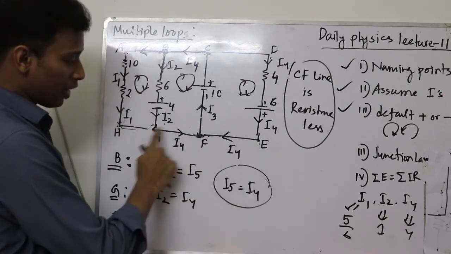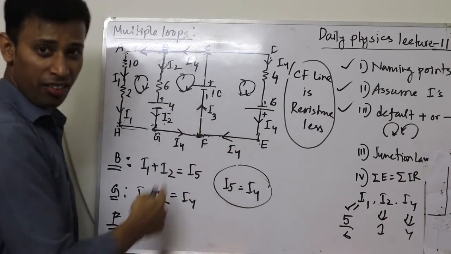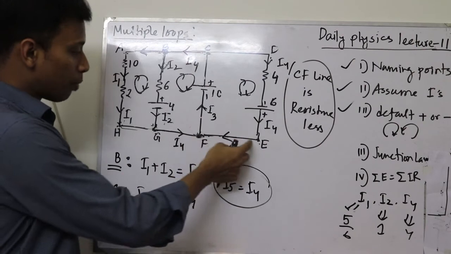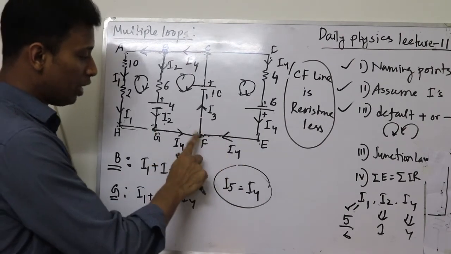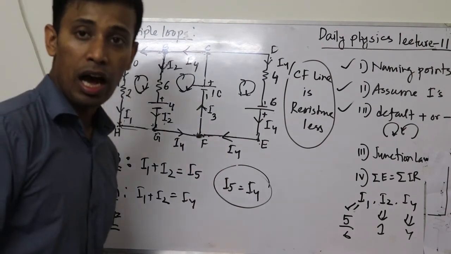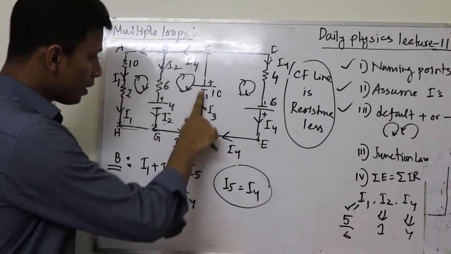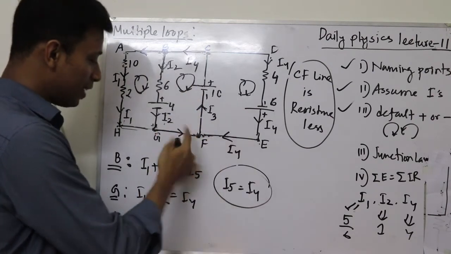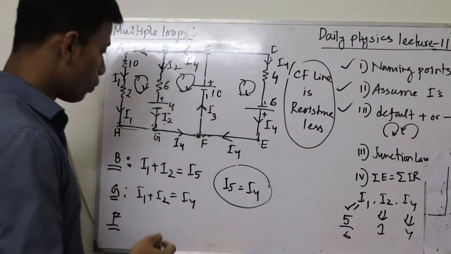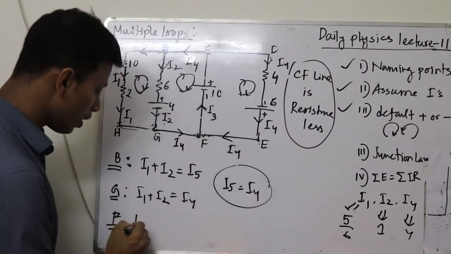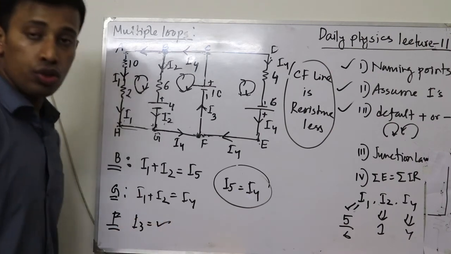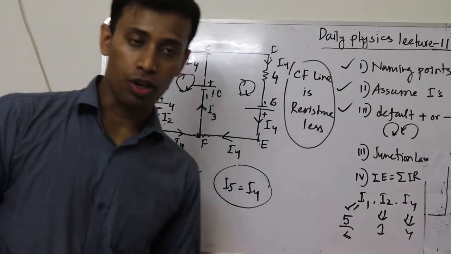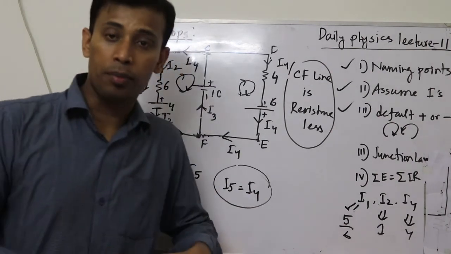So we have this current and this current, so we can always get this current, right? So I3 will be the summation of these two. These two are moving in and I3 is moving out. So I3 will be this I4 plus this I4. So we can get I3 too. So that is the solution of this problem.